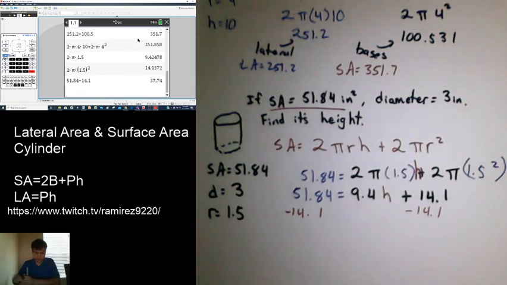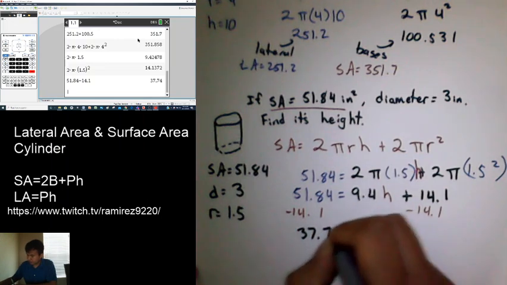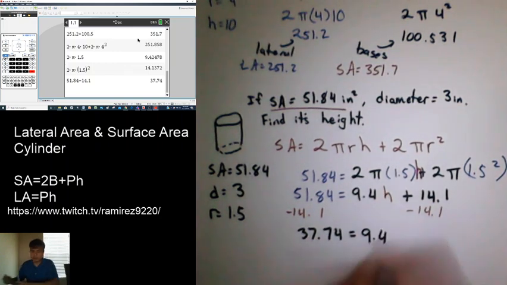So we end up with 37.7, and that is 9.4h.